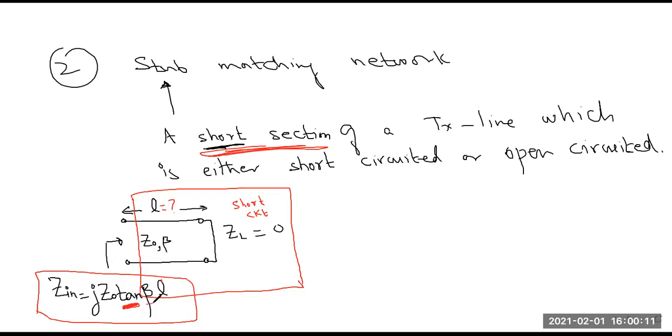Depending upon beta L, this function can have any value from minus infinity to plus infinity. Because it is purely imaginary, the input impedance range for this line can vary from minus j infinity to plus j infinity.